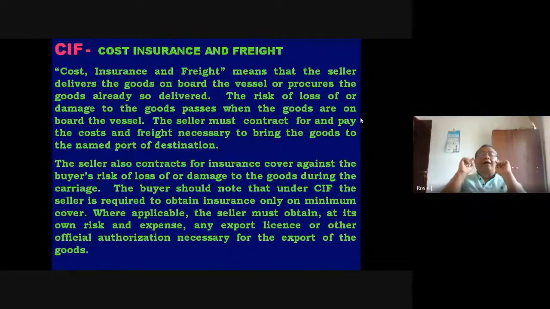But mainly, the main point we want to understand is what is the delivery point and what is the risk transfer. The moment delivery is done by the exporter, the risk transfers to the importer.